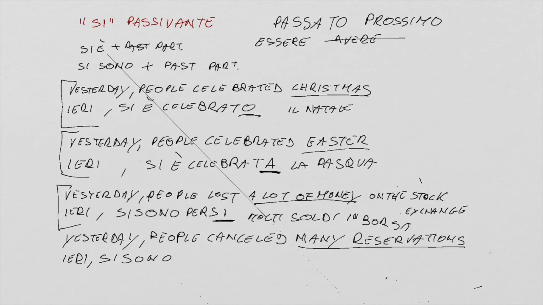In this case, we form the past participle regularly. So we drop are and we add ato. But since reservations, prenotazioni in Italian, is a word that is feminine and plural, instead of o, I must use e. So the result would be ieri si sono cancellate molte prenotazioni.